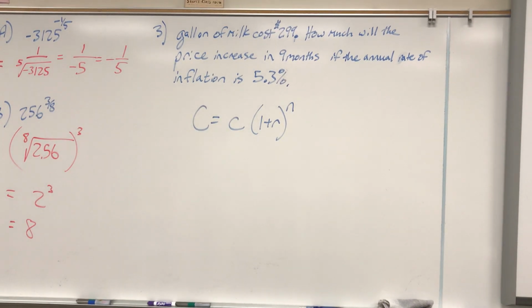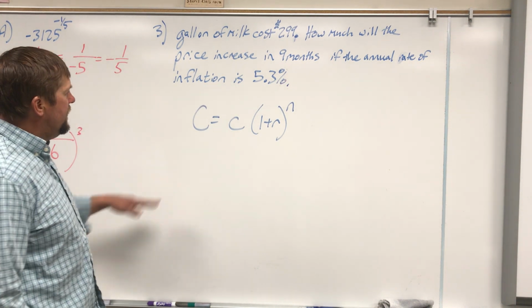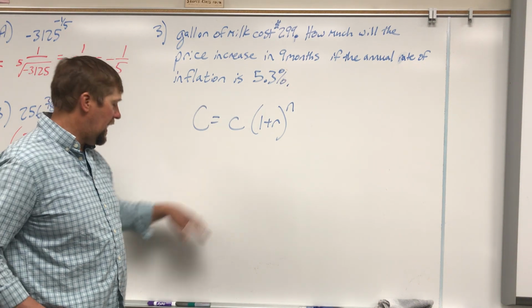Okay, so here we have a gallon of milk costs $2.99. How much will the price increase in 9 months if the annual rate of inflation is 5.3%? So here we have the final cost is equal to the original cost.